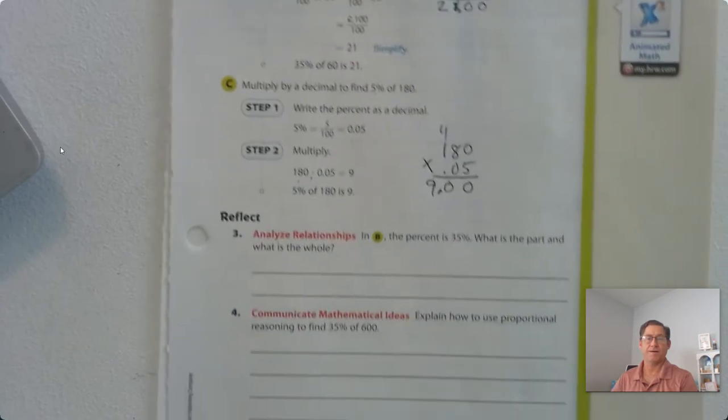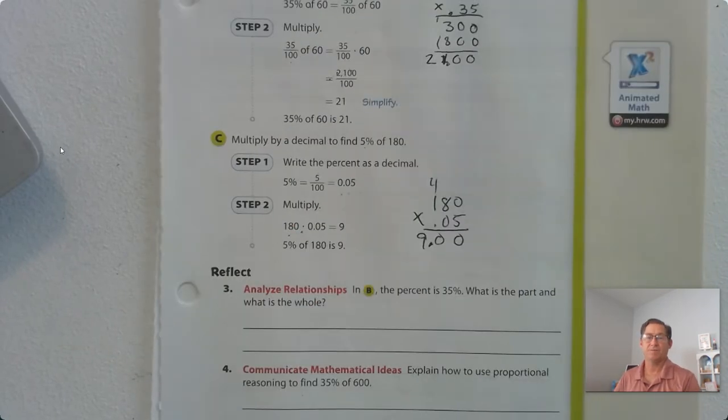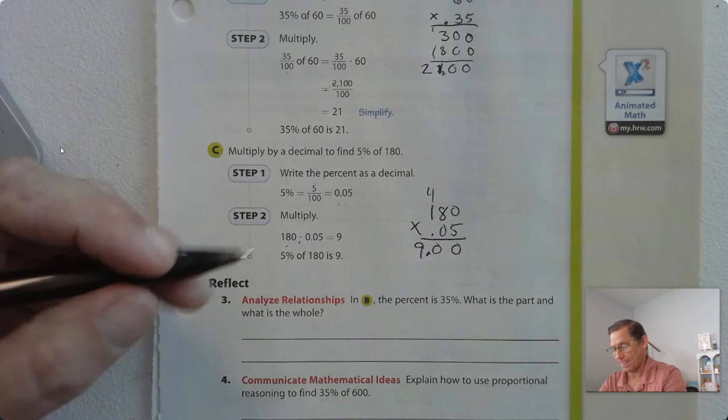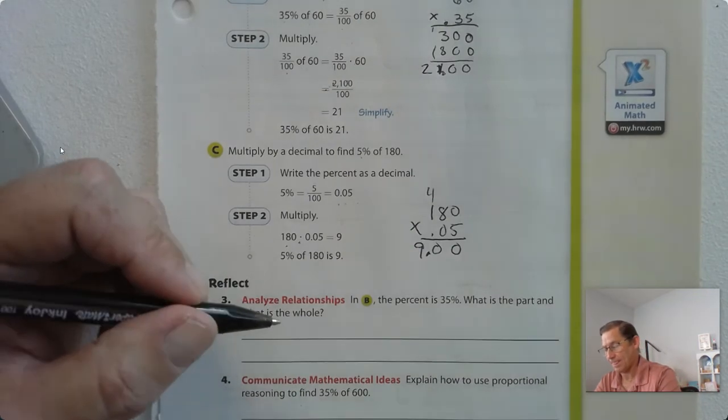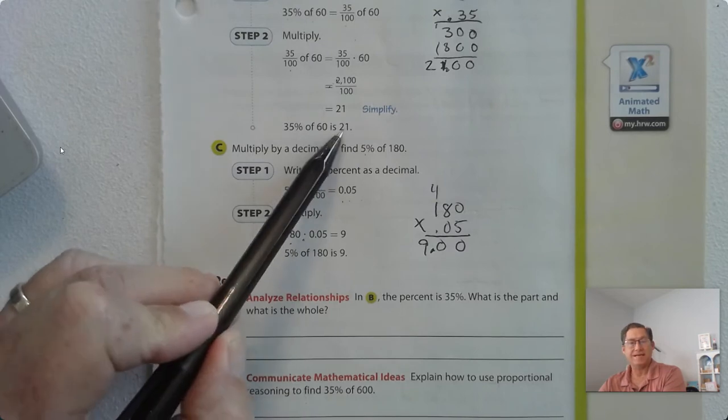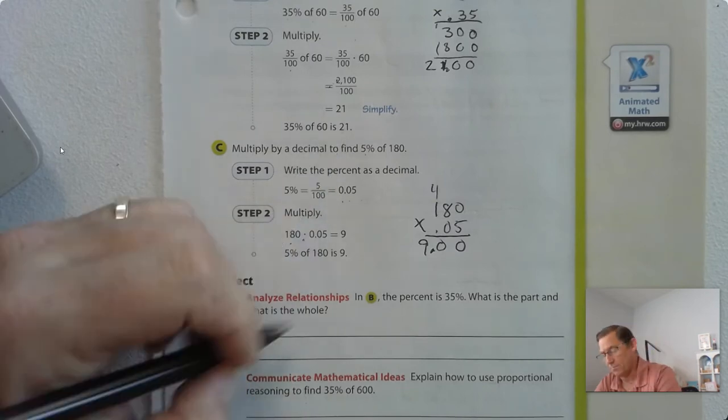All right, let's look at number 3. In B, the percent is 35%. What is the part and what is the whole? Okay, so our part we're finding is 21. 21 is the part.